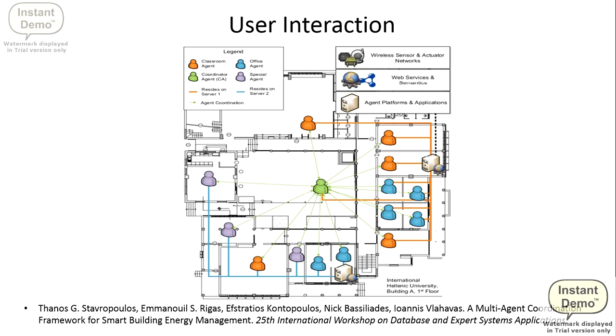The first task of the coordinator agent is giving maintenance rules. The maintenance rules relate to energy consumption, so it will try to use the energy in such a way that the system will be energy efficient.